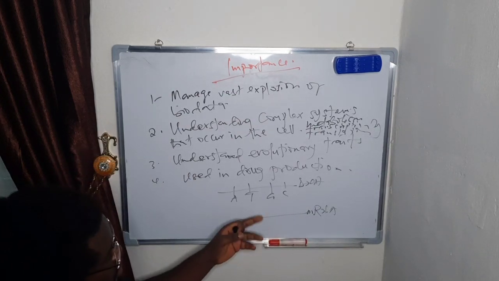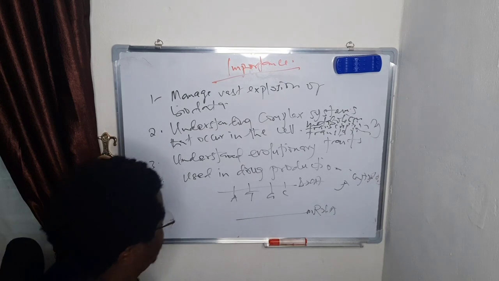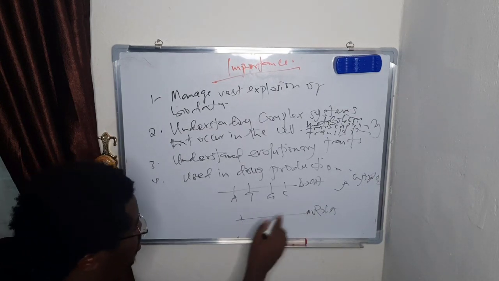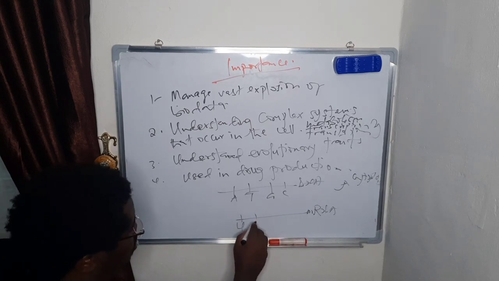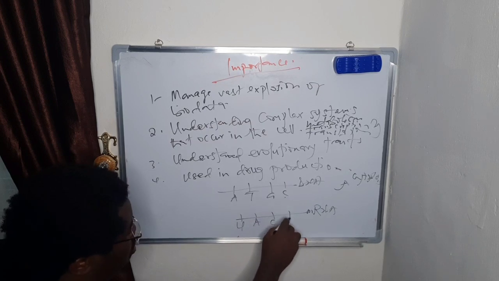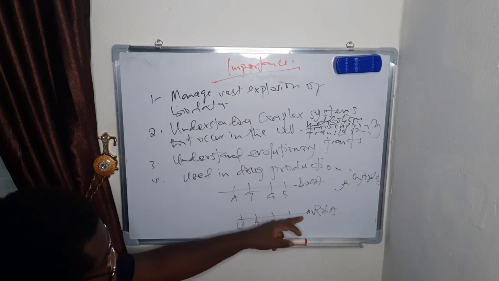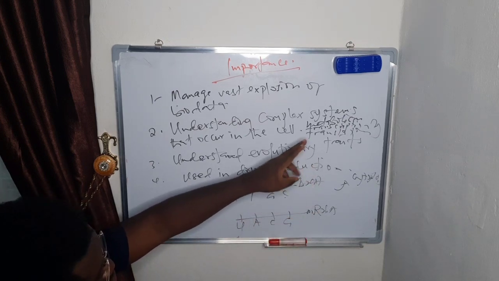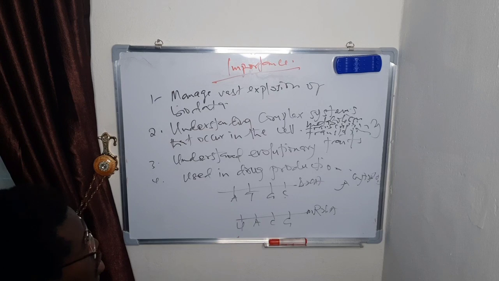This happens inside the nucleus, while translation is in the cytoplasm. A pairs with what? For messenger RNA, A pairs with T, but since we don't have T in messenger RNA, we have U. Then T pairs with A, G pairs with C, C pairs with G. So it copies a complementary strand of this. The messenger RNA will move out of the nucleus to the cytoplasm where you have the ribosomes and translate it to protein. I'm sure you guys did this in your third year.